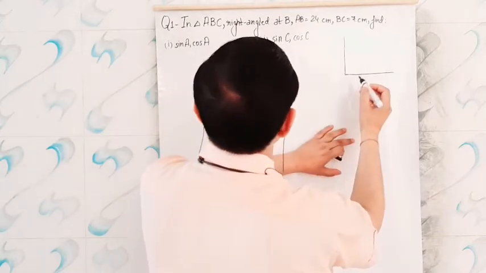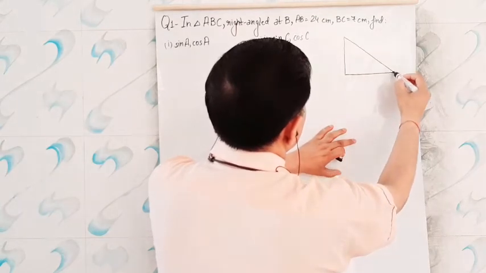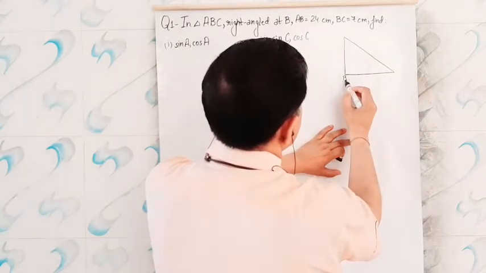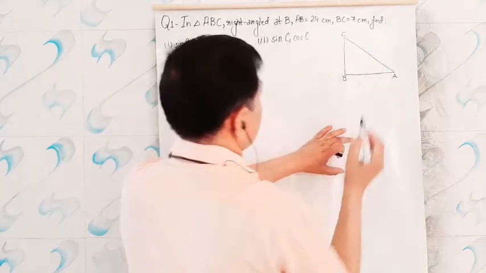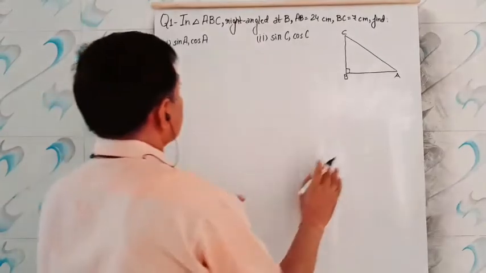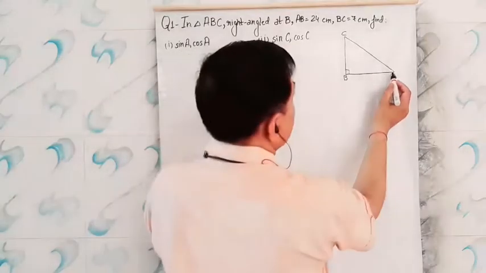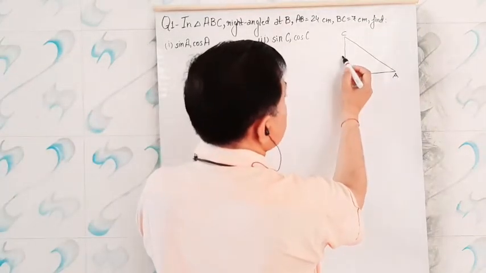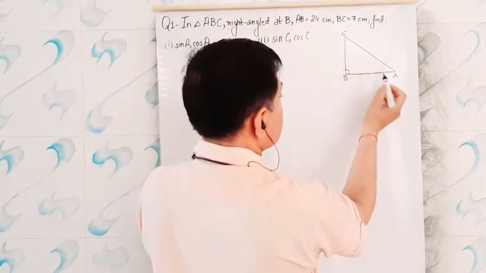The question is saying that right angle at B. So this is B, this is A and this is C. From the figure you will see, if you are taking the angle A, the perpendicular will be BC, and the hypotenuse in both cases will be AC.